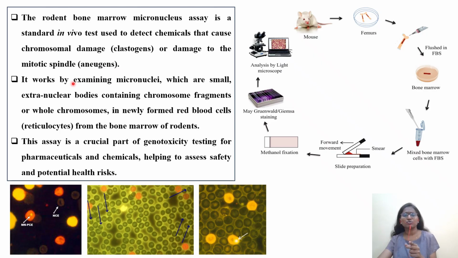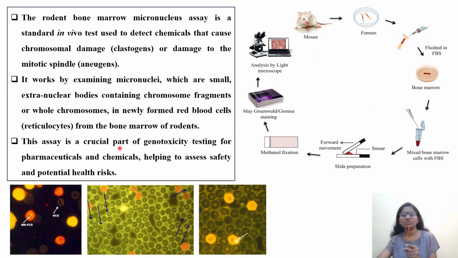The micronucleus assay works by examining micronuclei, which are small extranuclear bodies containing chromosome fragments or whole chromosomes in newly formed red blood cells, reticulocytes, from the bone marrow of rodents. You can see this small one with the arrow, this is your micronucleus.